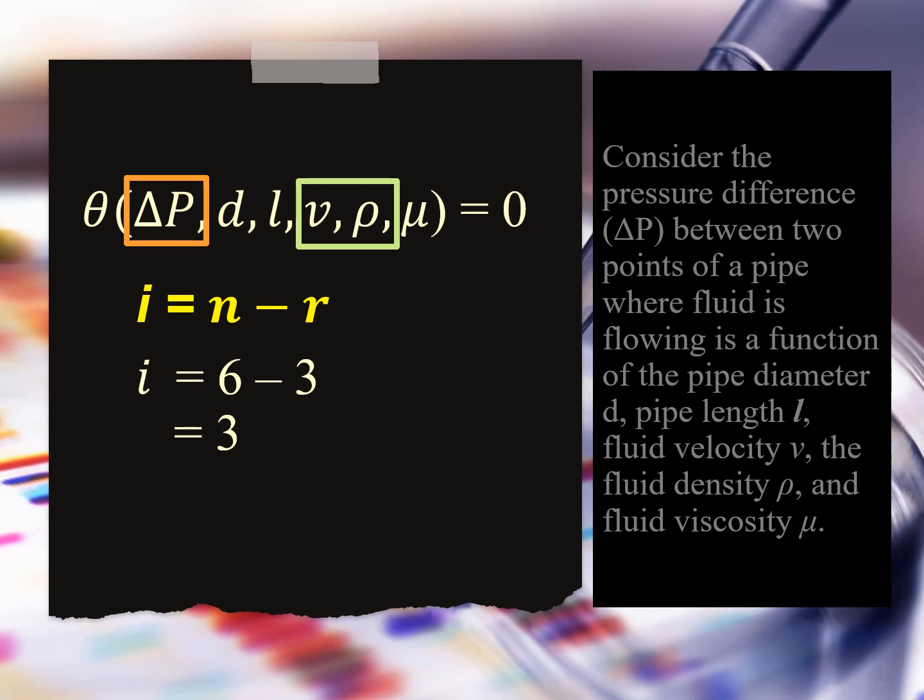The most logical combination, therefore, is D, V, and rho as the recurring set, considering that they cannot form a dimensionless group. Of course, because they form your recurring set, they will recur. That is, you will be seeing them in the dimensionless groups.